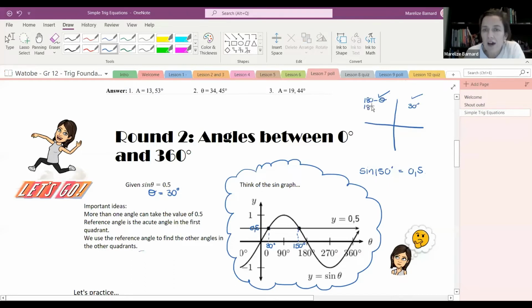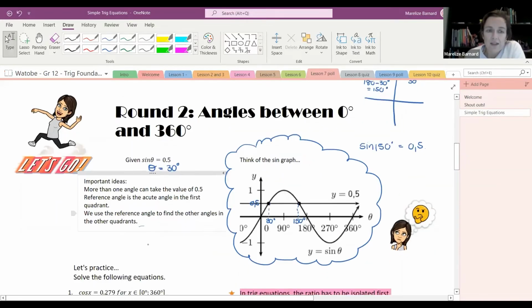And if I go 180 minus 30 degrees, guess what I get? 150 degrees. Okay, so for that reason, we have to not only give that first angle, the acute angle, but also the other options. And for today's lesson, we're going to just work between 0 and 360.